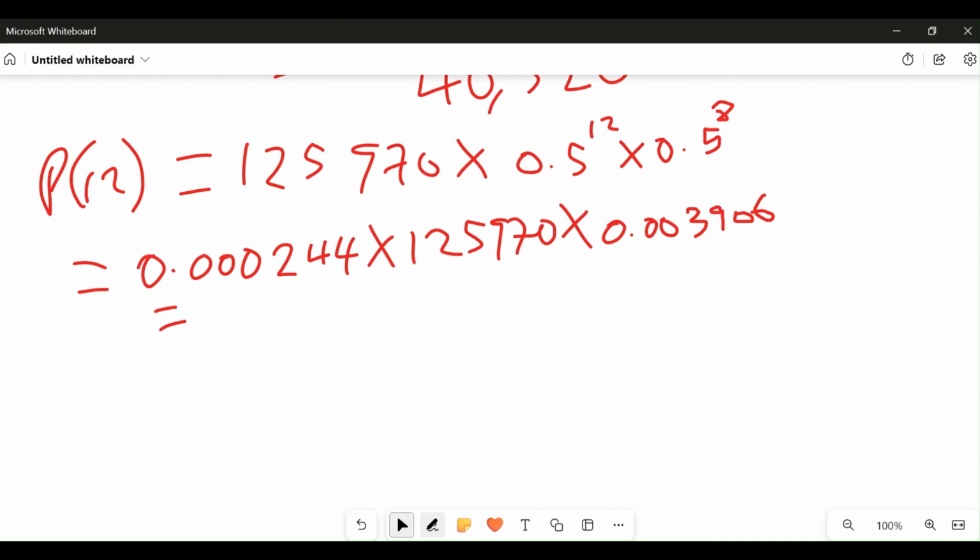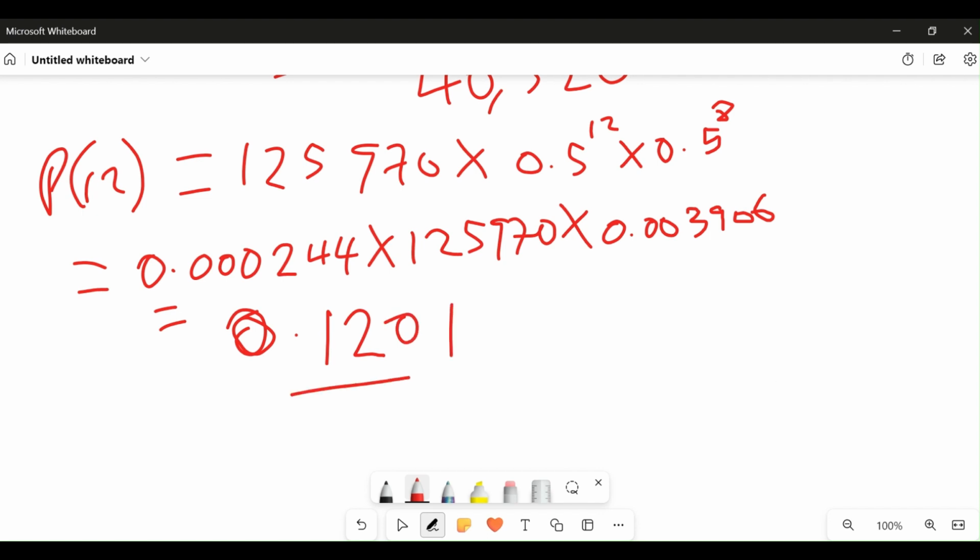The answer this gives us is 0.1201. That is the probability of 12.